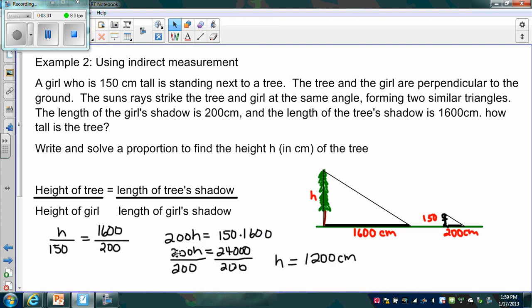And then we can use our cross multiplication to solve, and then our algebra to get h alone, which is 1,200 centimeters. So the tree is 1,200 centimeters tall, which makes sense because if you look here, her height is shorter than the length of her shadow. So that means the height here also has to be shorter than the length of the shadow. So that's just the way to easily check and make sure.